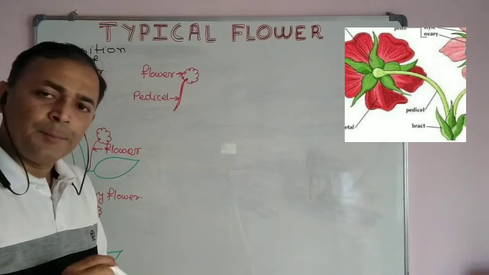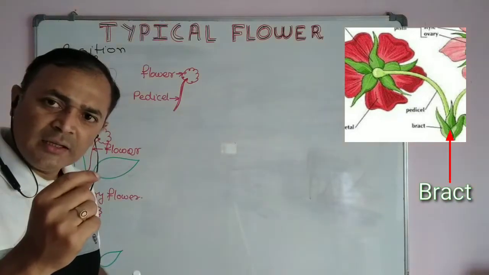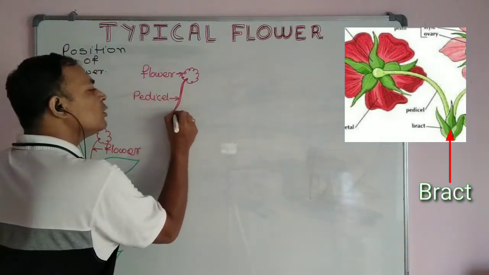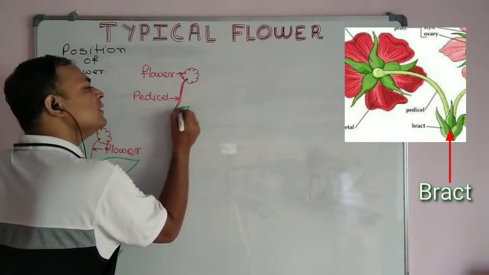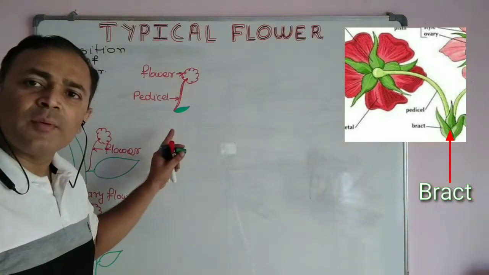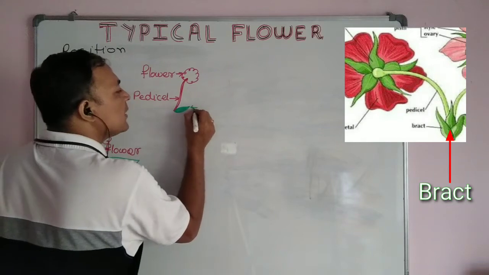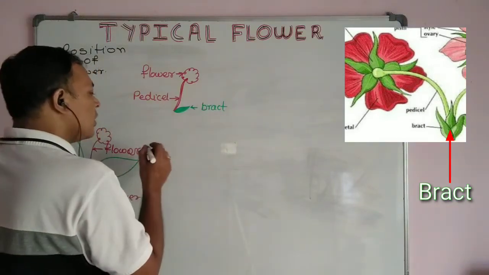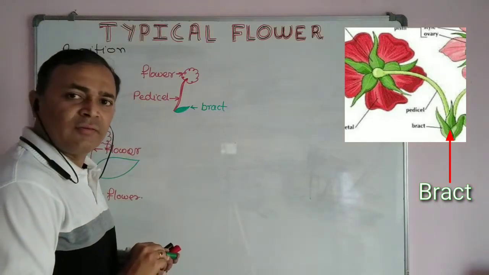A bract is a tiny green leaf-like structure. It either grows at the base of a pedicel or it grows on the pedicel. Such a flower which has a bract is called a bracteate flower.